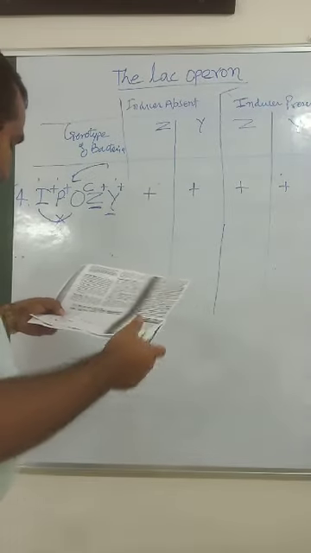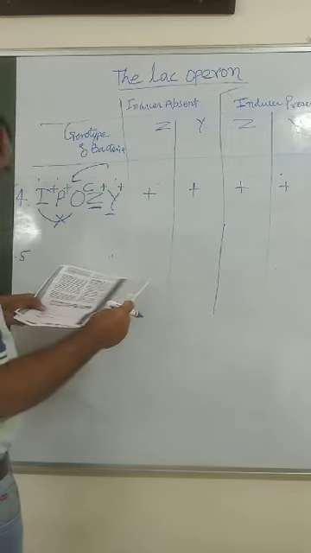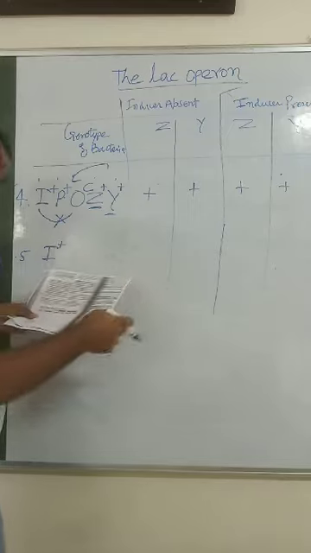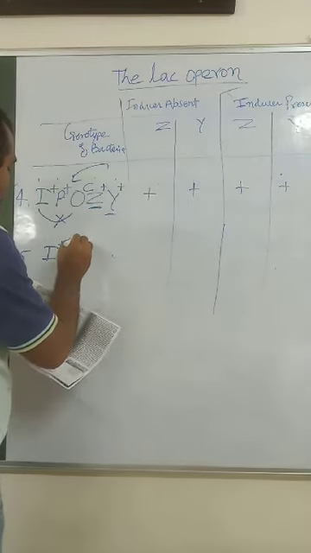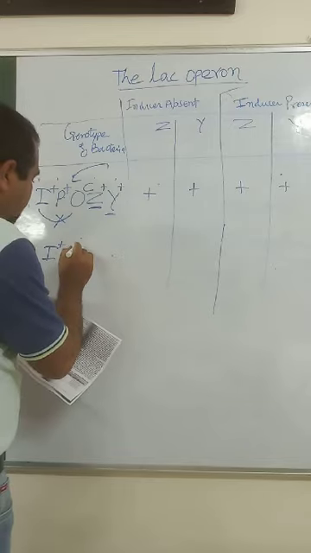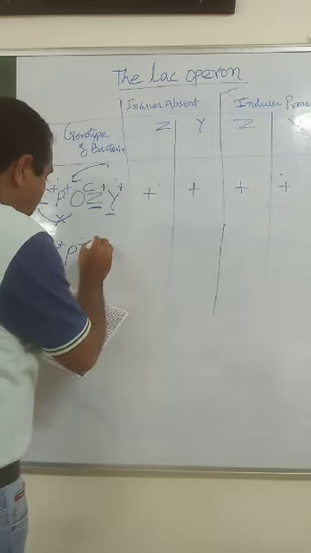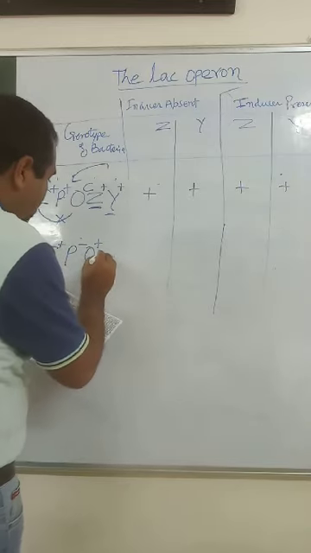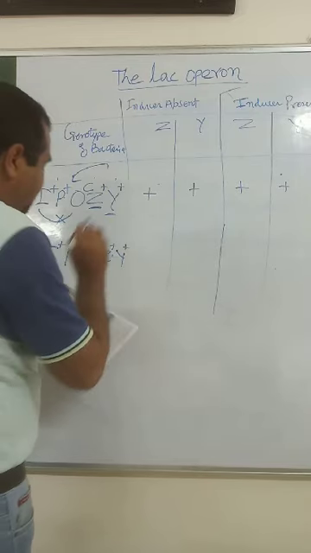Now the fifth case is here, when the normal copy of regulator gene, here it is mutated copy of promoter, and normal copy of operator, and normal copy of Z gene, and normal copy of Y gene.